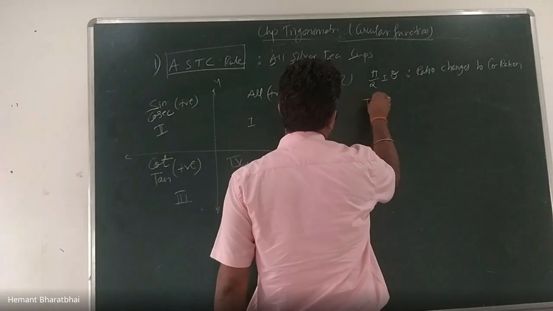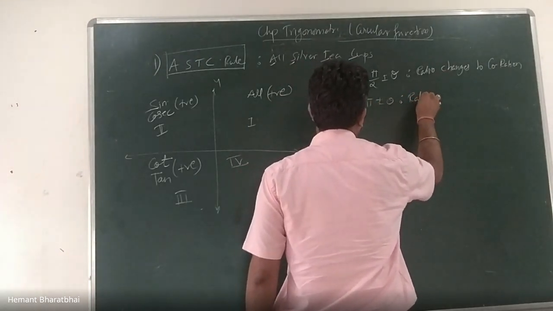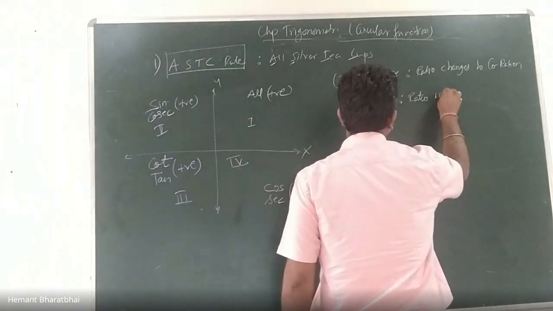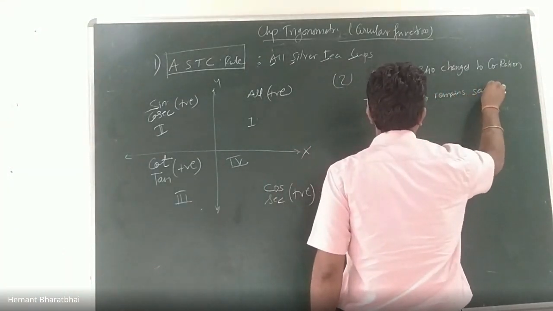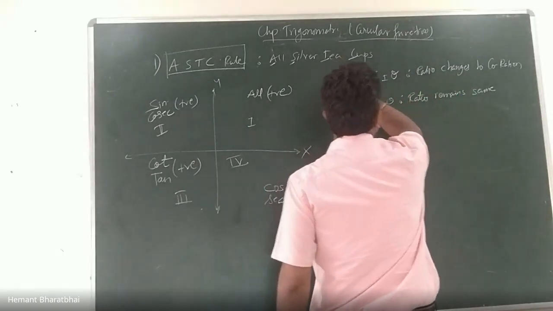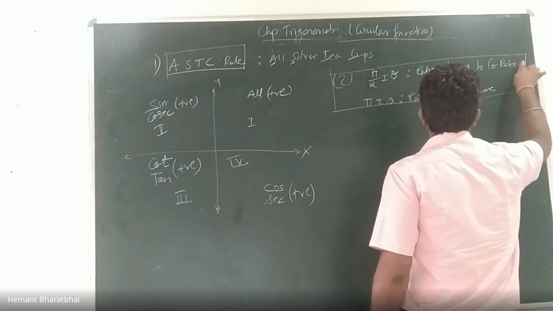And whenever it is pi plus or minus theta, ratio remains the same. So we apply these two rules simultaneously.